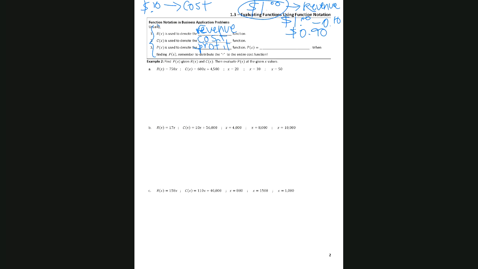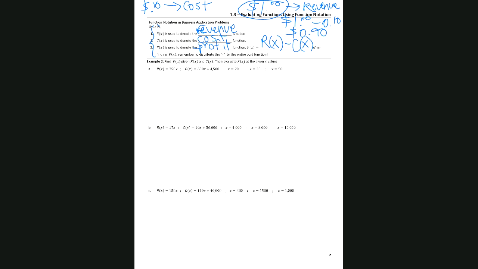So we can conclude that to find the profit in general, we will use the revenue function, R of x, and subtract, I'm sorry, not the profit, but the cost, the cost for whatever item you're working on.